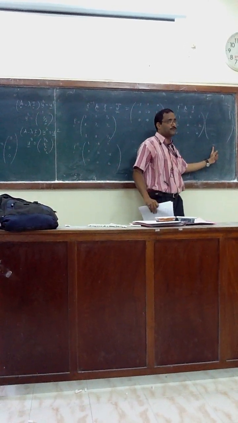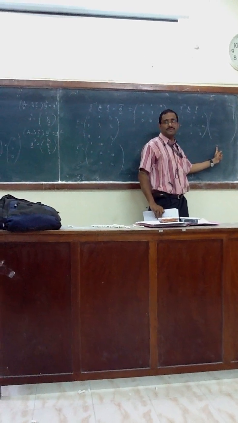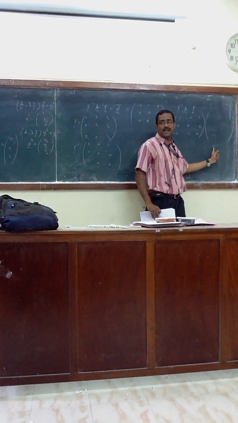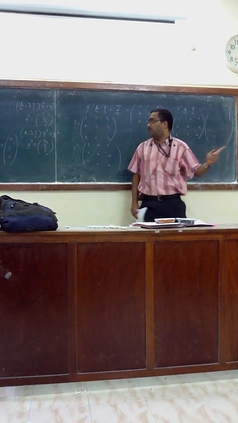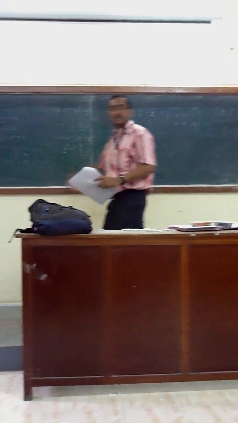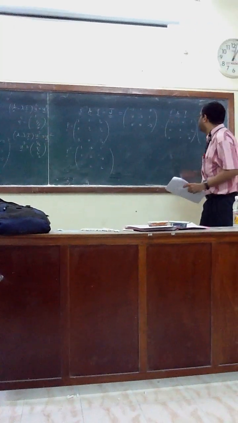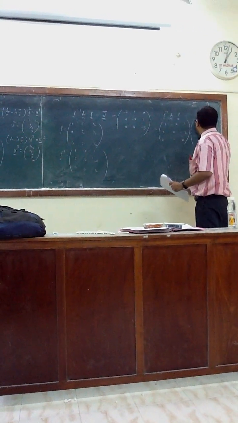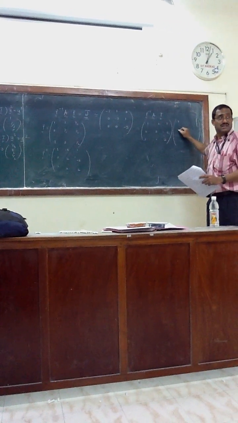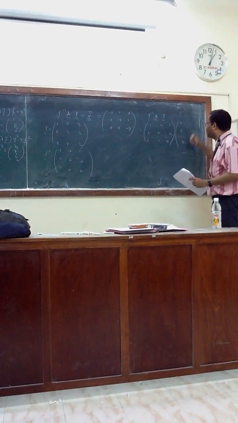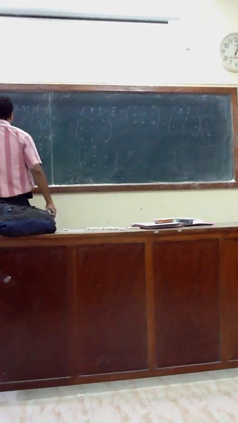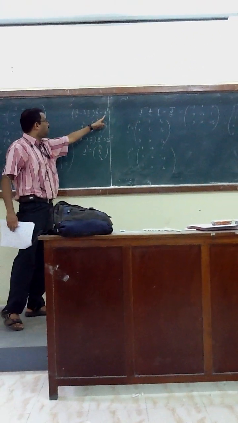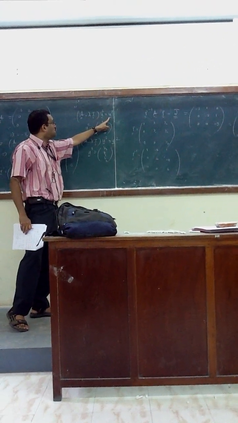What do you get for the first column? A u1 equals lambda u1. U1 is 1, 0, 0, and lambda is minus 3. So the first column is minus 3, 0, 0. The second column: A u2 is u1 plus lambda u2.